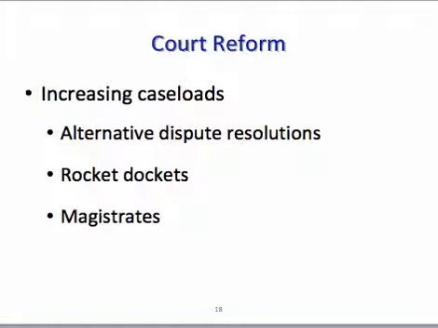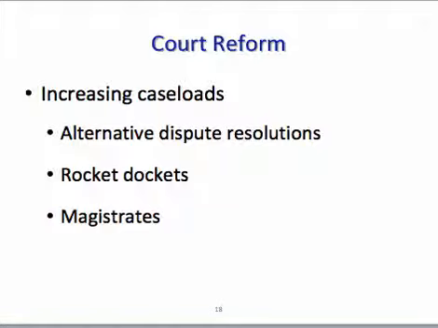The caseloads in general have been increasing dramatically. This is not just at the state and local courts, but at the federal level, right? And so this means more plea bargaining at the federal level. You're guaranteed a right to a jury trial, but the number of cases where that occurs is a very small minority.